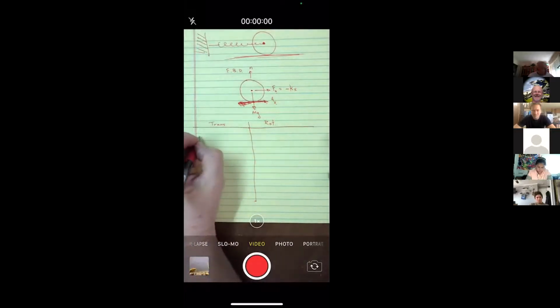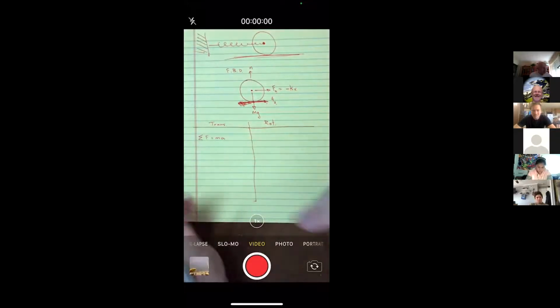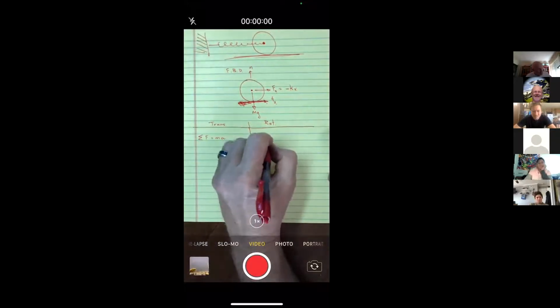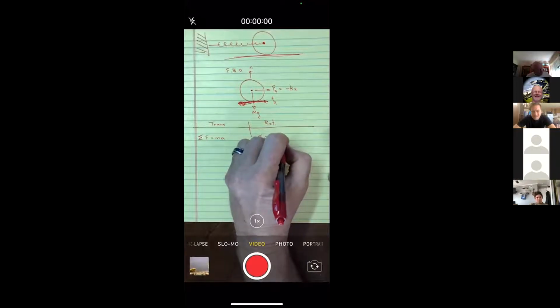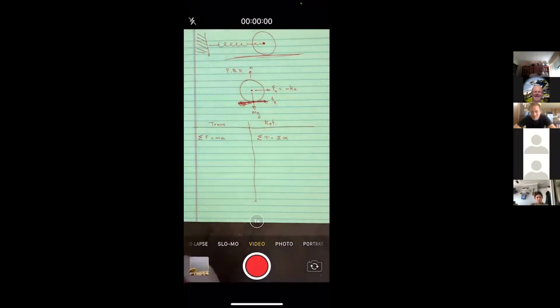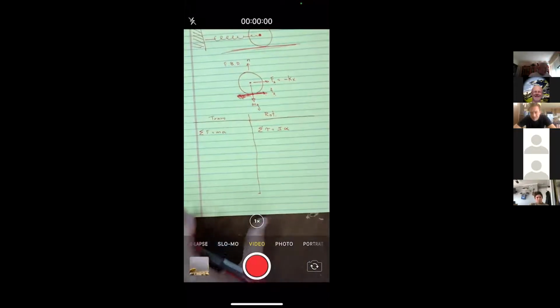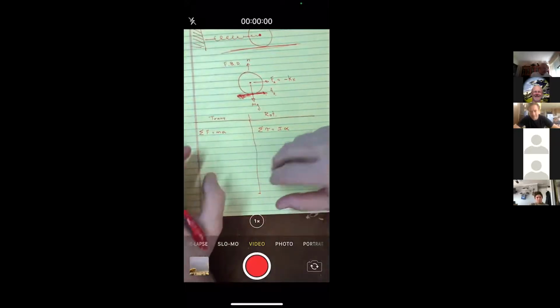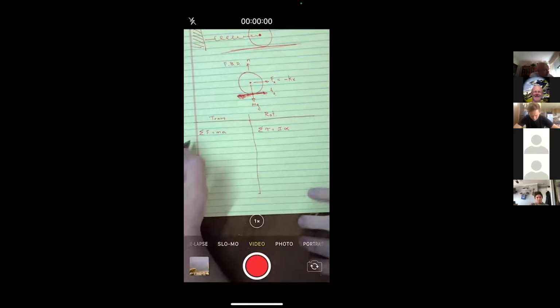So I'm applying Newton's second law for translation, as well as Newton's second law for rotation. I'll do the easier one. I think in our Physics 121, translational problems are easier. Let me just do the x direction.